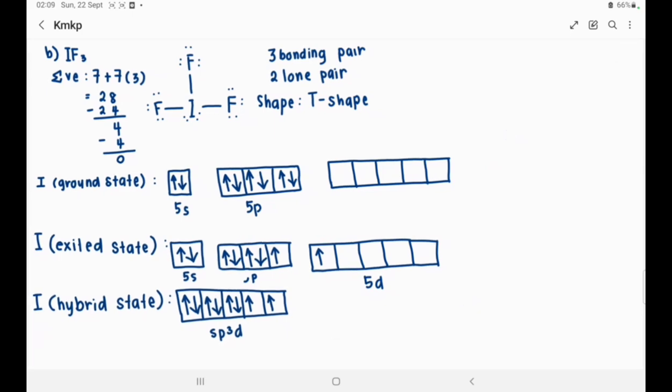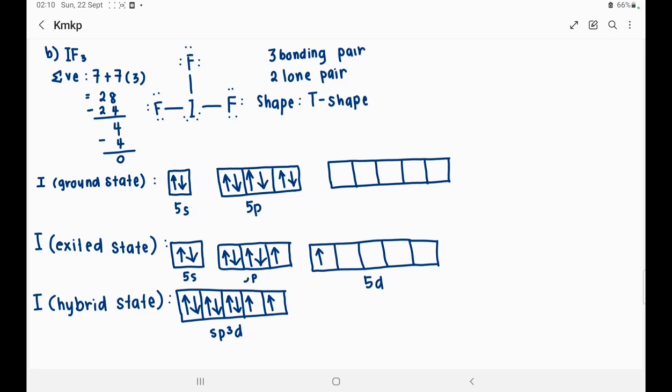So for question B, first you need to draw the most plausible Lewis structure for IF3, and then write the total number of electron pairs for the central atom, and identify the shape of the Lewis structure that you draw, but you need to draw it in shape.